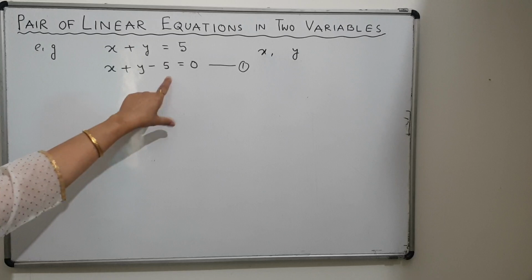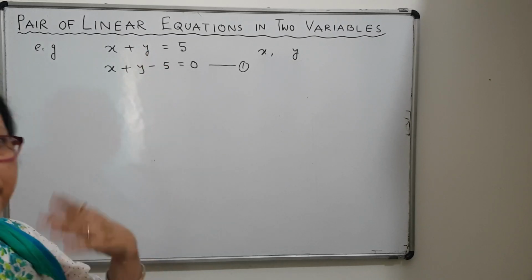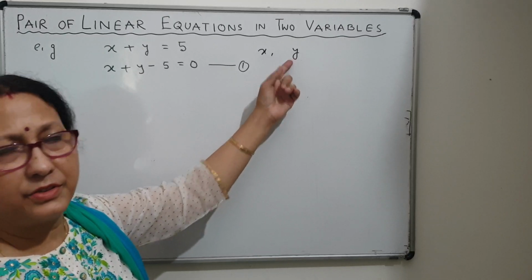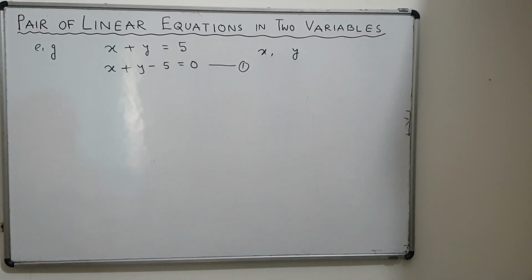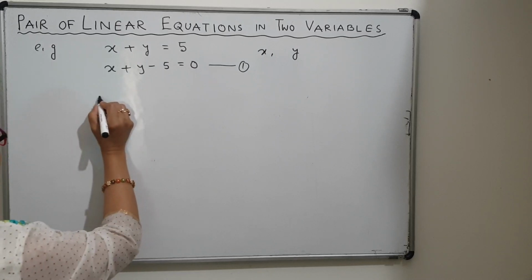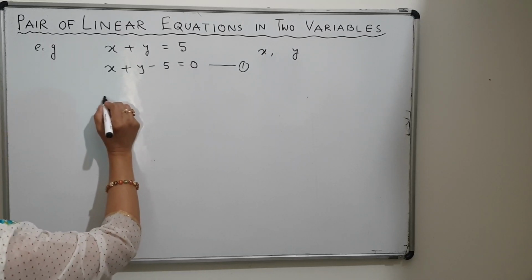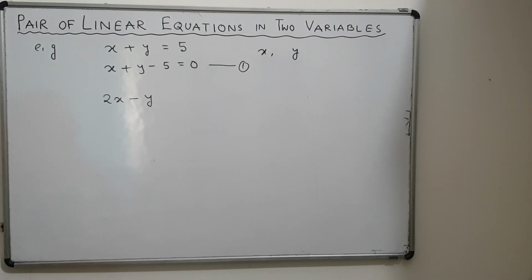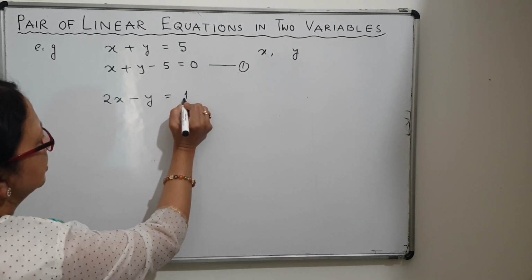But suppose along with this another condition is given which is fulfilled by the two variables, then what will happen? Suppose the other condition is: if I subtract the second number from twice the first number, the result is 1.